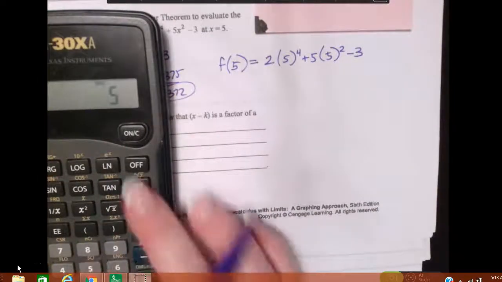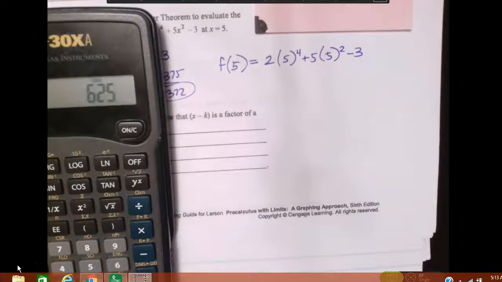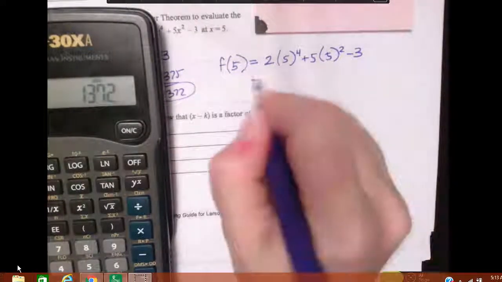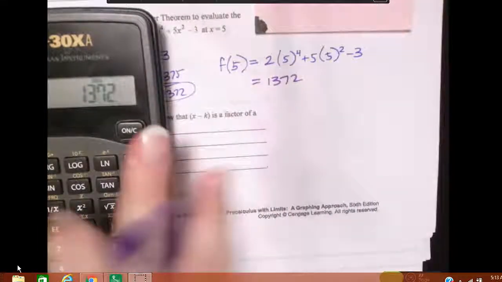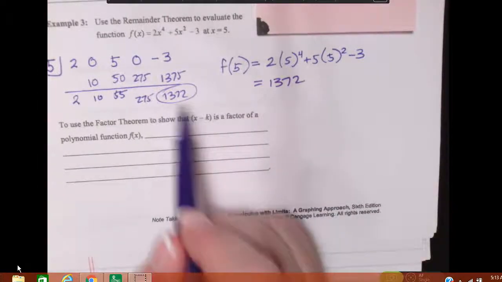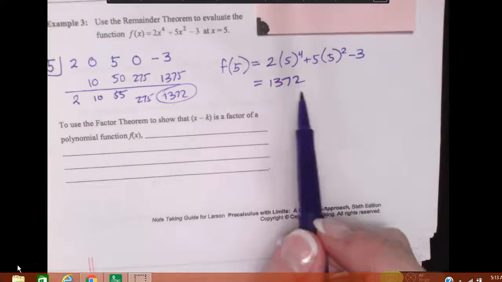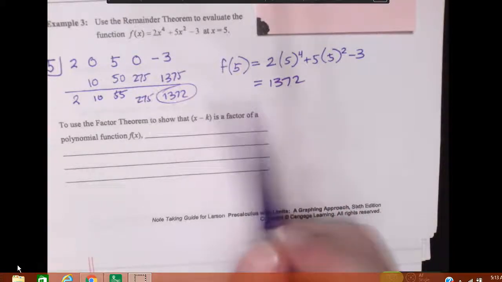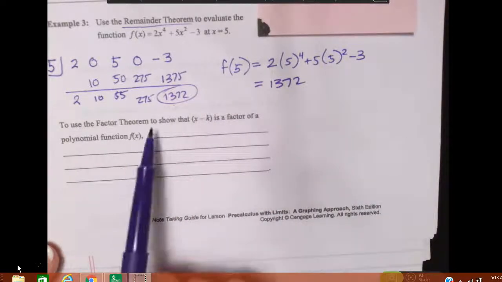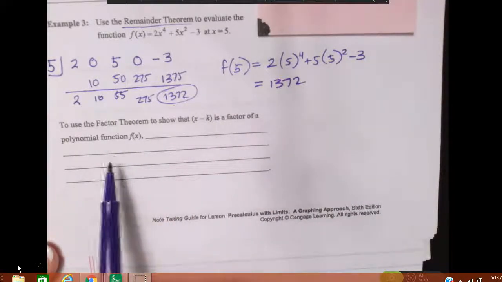So 5 to the 4th, 625, times 2, plus 5 times 25, that's 125, minus 3. Oh, look at that. Okay, so I don't know which is easier, to synthetically divide it or to just plug it in, but we are just going to say, yay, we know that the remainder theorem exists, and move on.